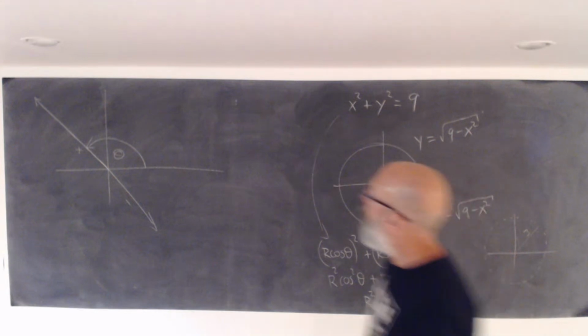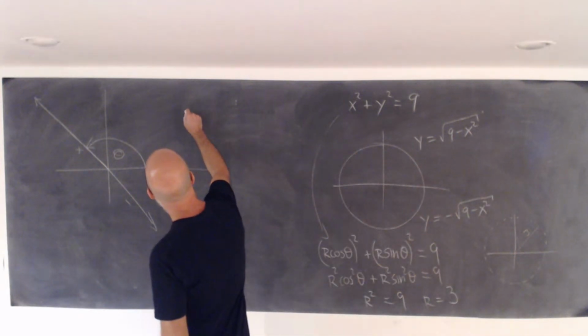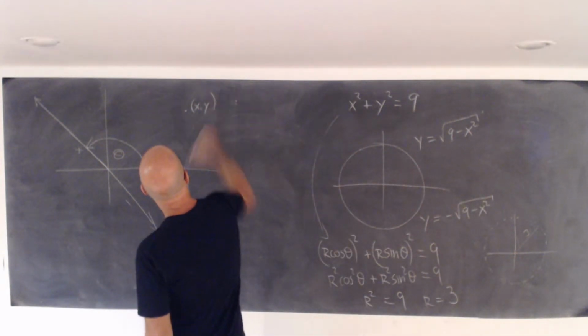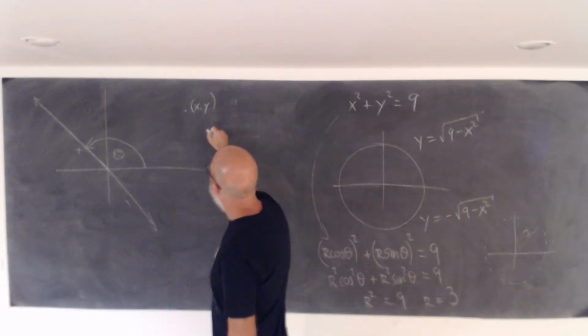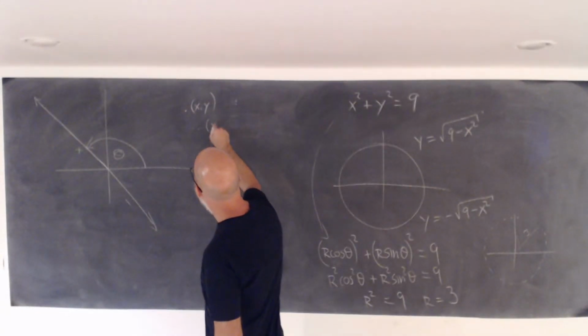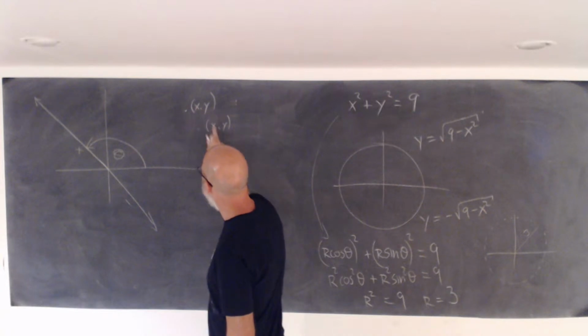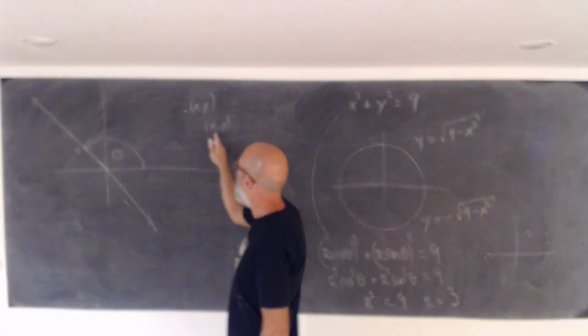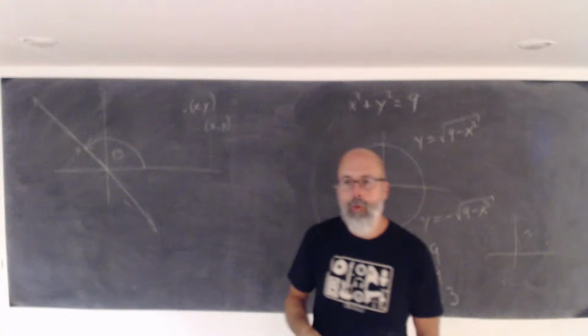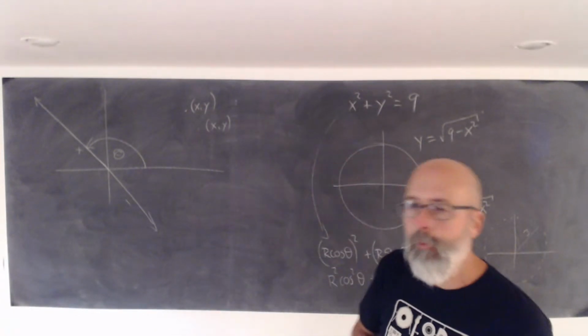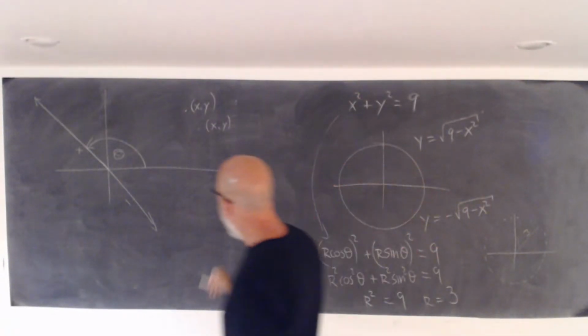Absolutely, right? When you're given a point xy, two different points are not equal to each other unless the first coefficients were equal and the second coefficients were equal. This is not the case for polar coordinates, right?